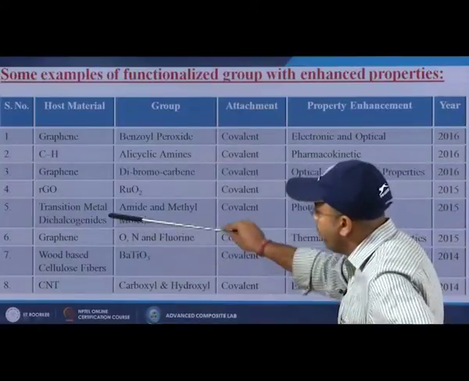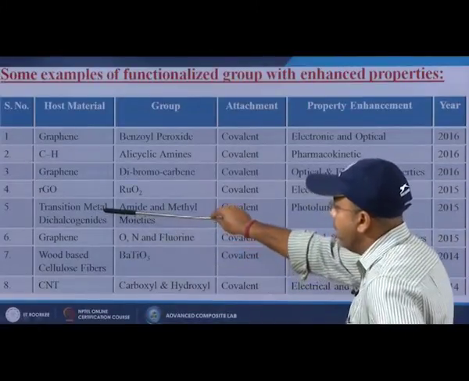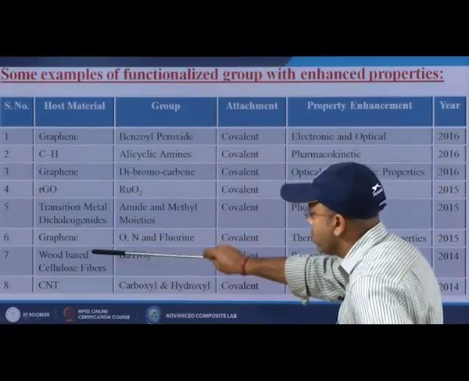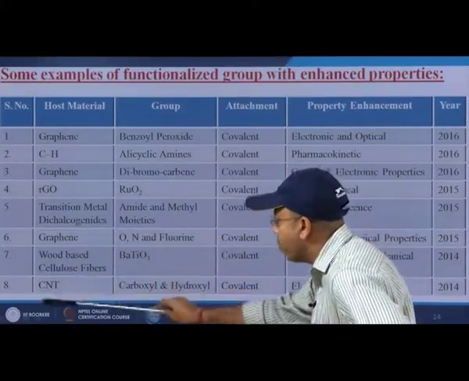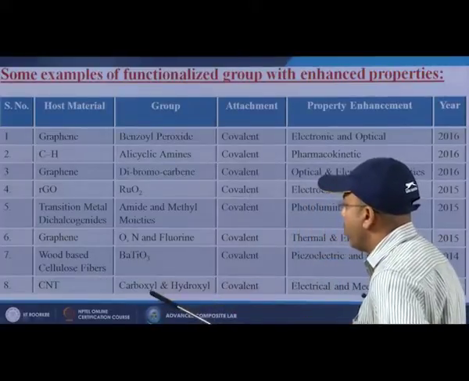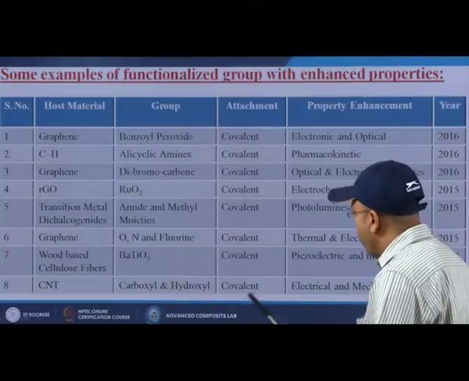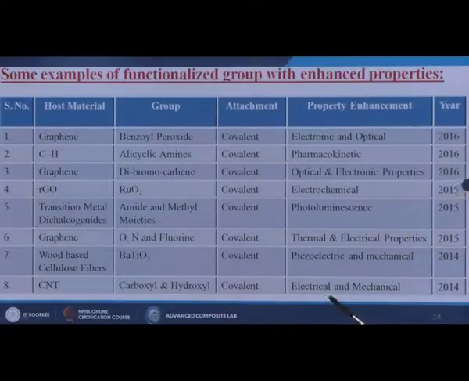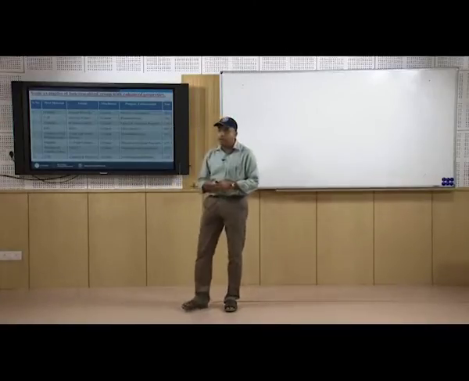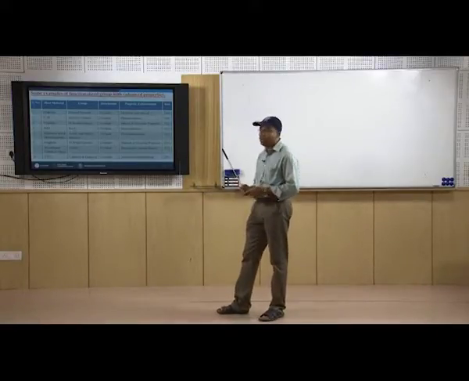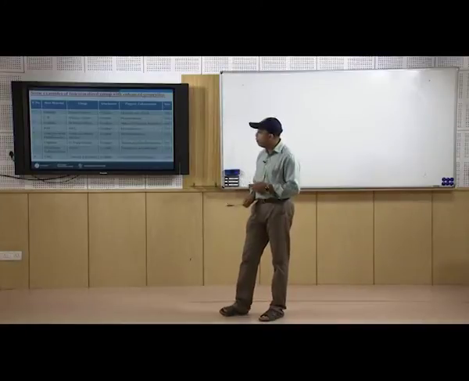Then we have done the modification of transition metal dichalcogenides, graphene, maybe some wood based cellulose fibers, or carbon nanotubes. For carbon nanotubes we have done the modification by carboxyl group and hydroxyl group. It is also one kind of covalent bonding. For the electrical and mechanical properties enhancement, we have done this kind of modifications, in the year 2014.